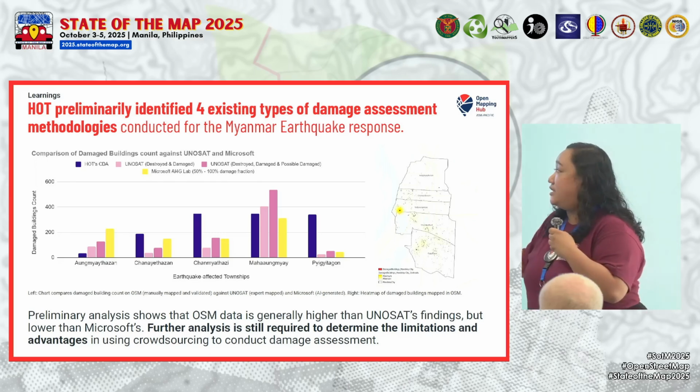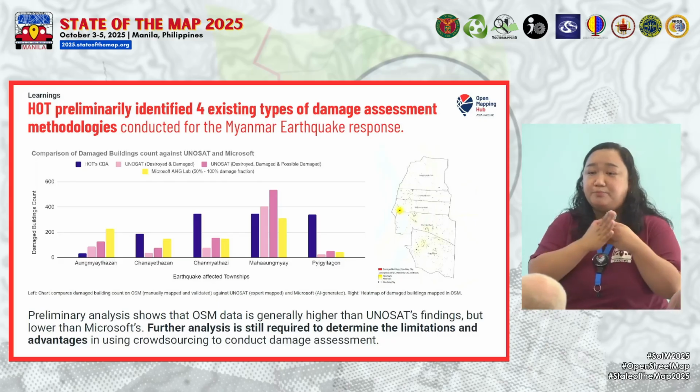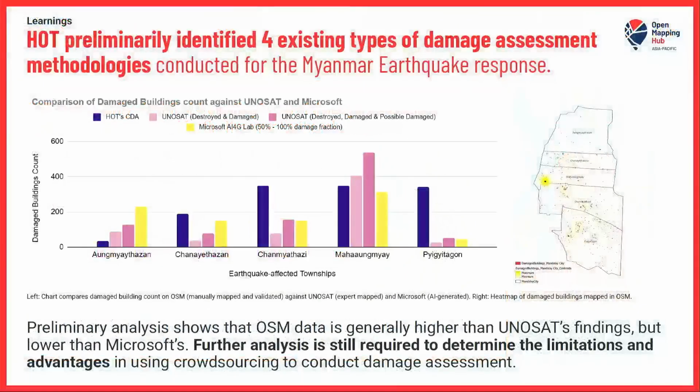Next would be the Microsoft AI, which usually has a range of 1% to 100% damage fraction. But in this case, since again we have a high threshold, we are comparing it to the 50% to 100% fraction.